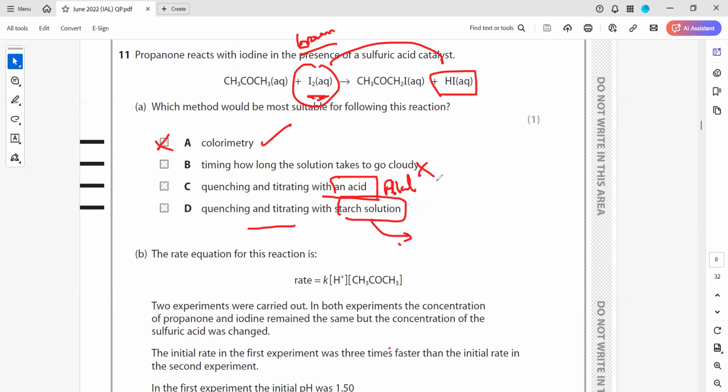If you have starch from different sources, it is white in color, as a solid. But if you make a solution, it will be very cloudy, or colorless, you can also say that.